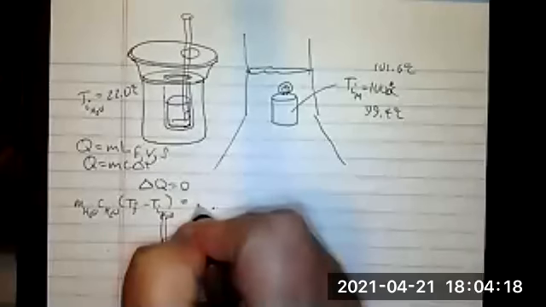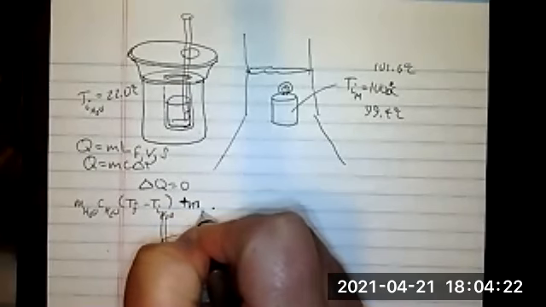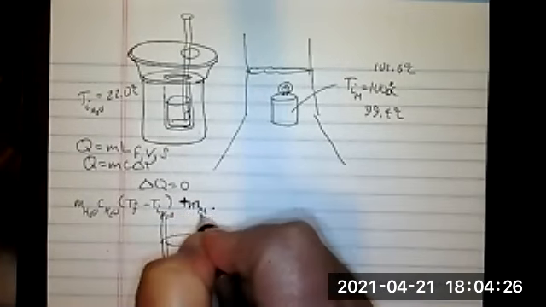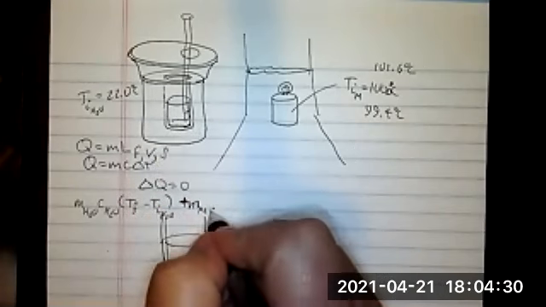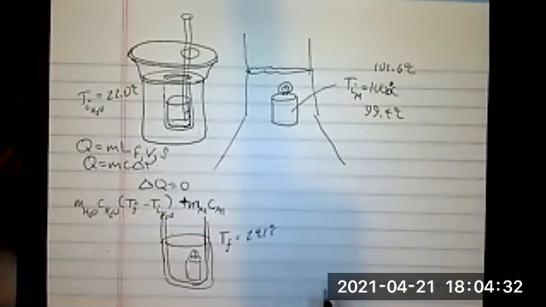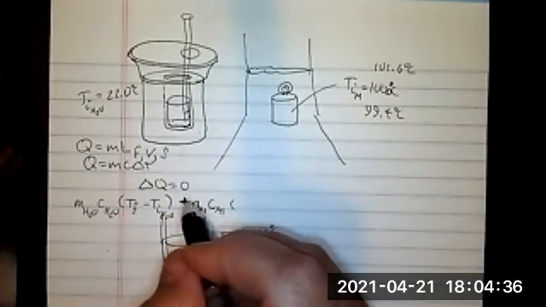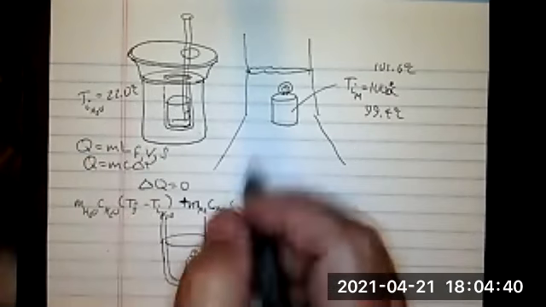Well, it turns out there's also a MC delta T for the aluminum cup. So I'll put M of aluminum, meaning the inner aluminum cup here, C aluminum, again, specific heat for aluminum. And just like the water, its initial temperature would be about 22 and its final temperature is going to be higher.